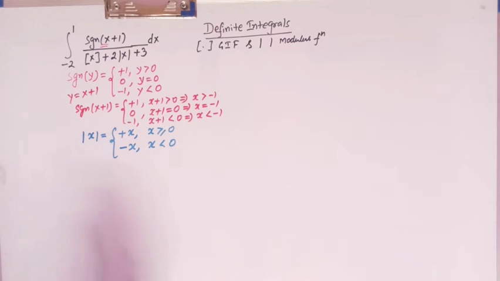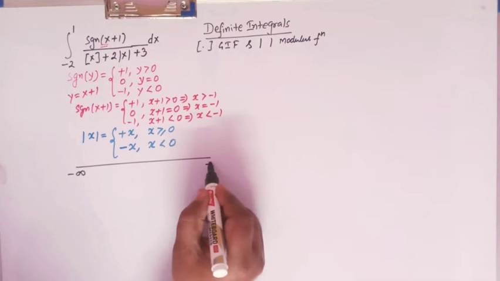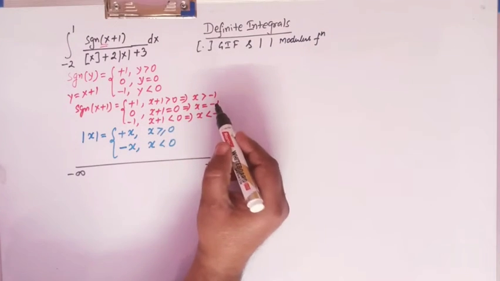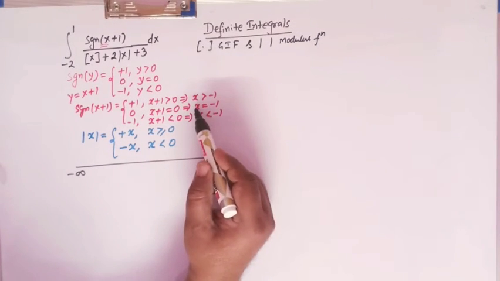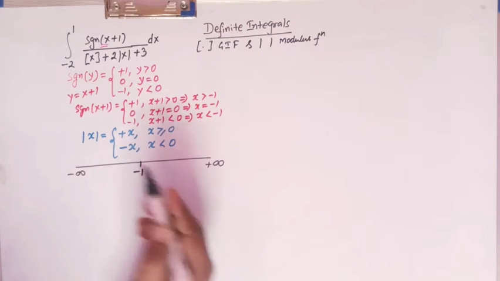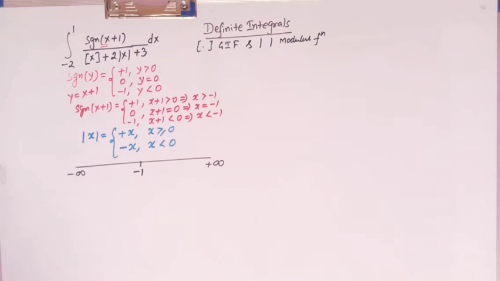Now here the limits of integration are from -2 to 1. So let us consider the real number line. Here we have -infinity, here we have +infinity. When x is equal to -1, the value of signum of x + 1 is equal to 0.